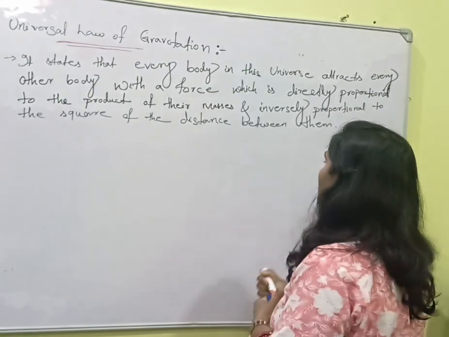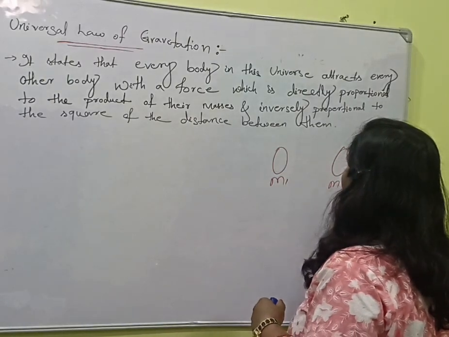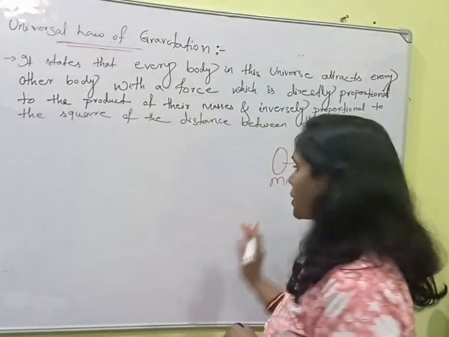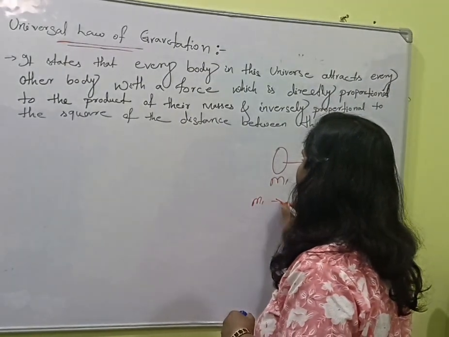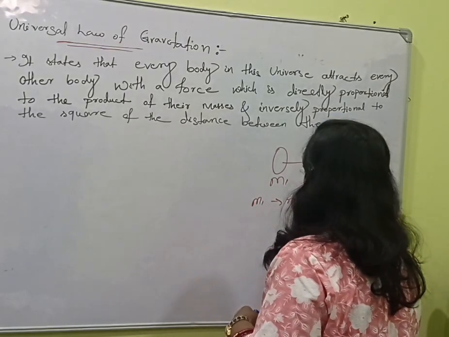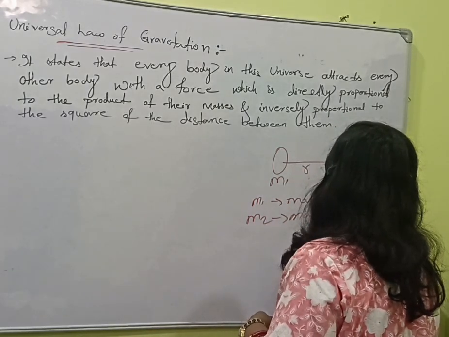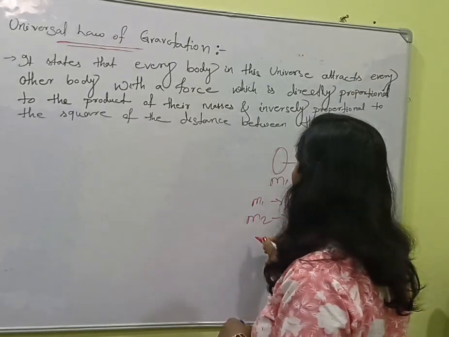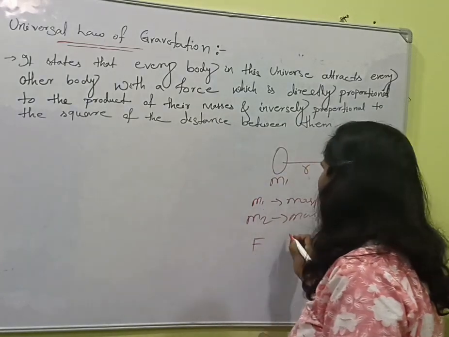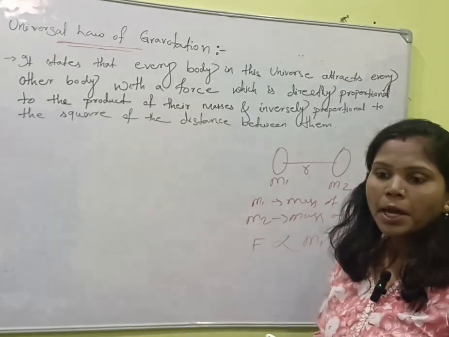Now, if we take an example, here mass m1 is there and here mass m2 is there, and they are separated by distance r. Let's take m1 as the mass of the first body and m2 as the mass of the second body. Then according to the universal law of gravitation, the force of attraction is directly proportional to the product of the masses, that means m1 and m2.